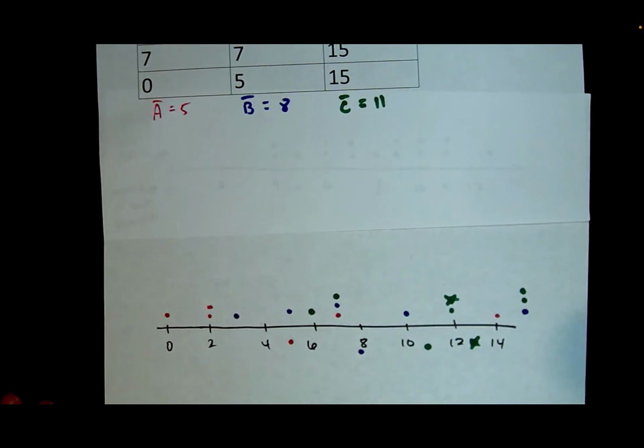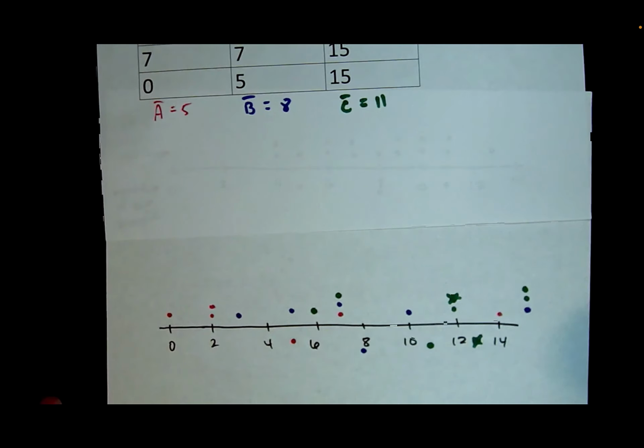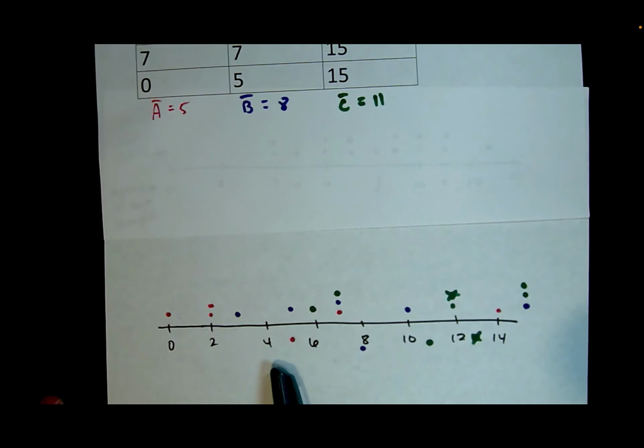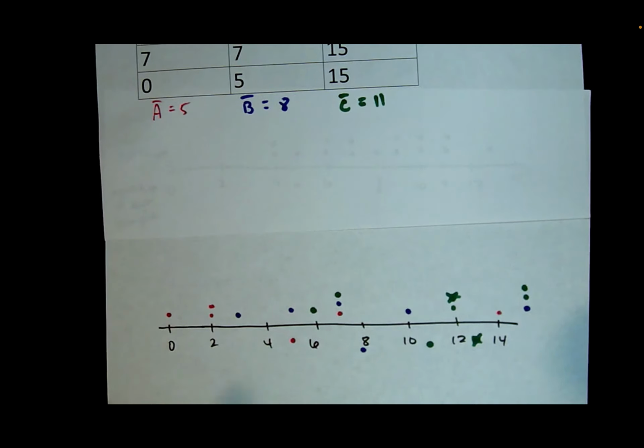Maybe in actuality, the overall population for A, B, and C are very similar. And again, the spread out population, and we just happen to get these 3 spread out samples that just happened to have those 3 means that are different. So you don't know.